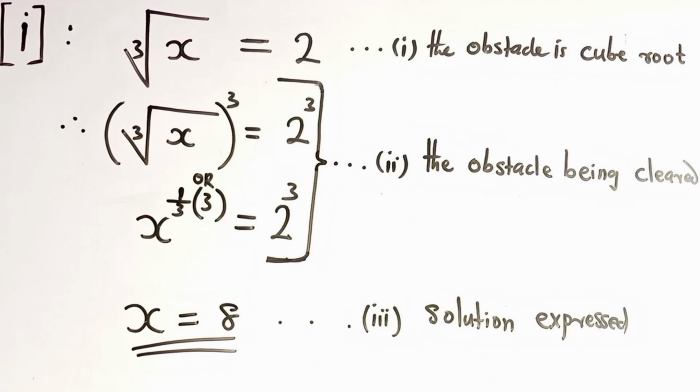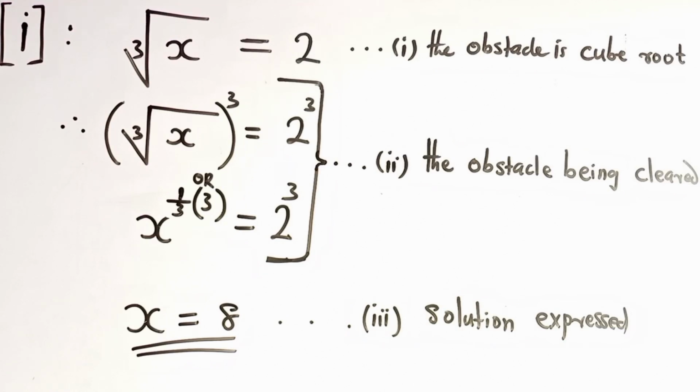If you remember the principles of multiplying fractions, you will know that the whole thing will give us what? 1. That will give us x to the power 1, and 2 to the power 3 is 8. But x to the power 1 is the same thing as x. Therefore, whether this method or this method applies, the answer is the same. x is equal to 8.